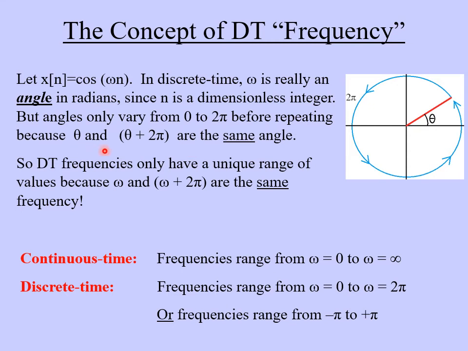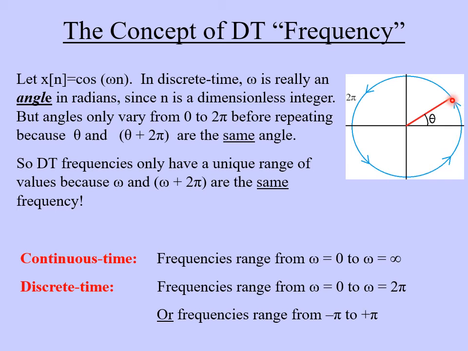In other words, theta and theta plus 2 pi are the exact same angle. So we can see this on the circle here. If this represents the angle theta right here, if we add 2 pi to that angle, we go all the way around the circle and we end up right back to where we started from.